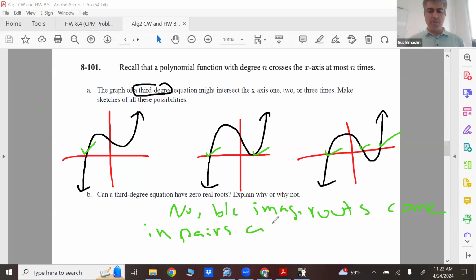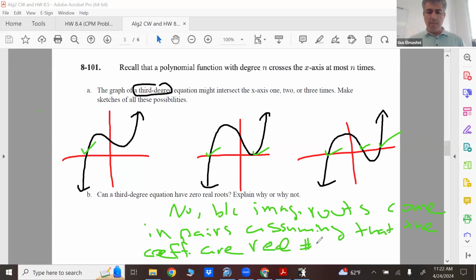Assuming, and they kind of messed up this question, assuming that the coefficients are real numbers. When you move into pre-calculus, you'll see some situations where the coefficients may not be real. We're not going to talk about that in this class, but they have to come in pairs if you have all real coefficients. So yeah.